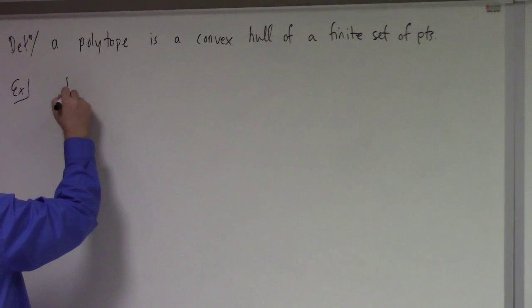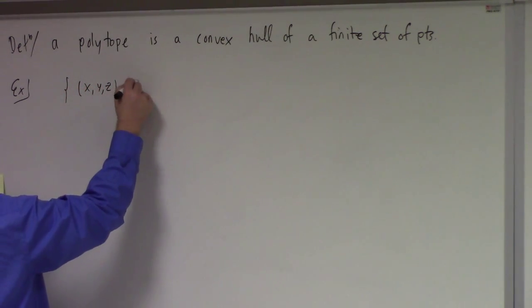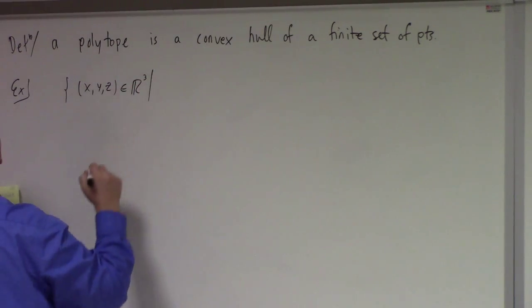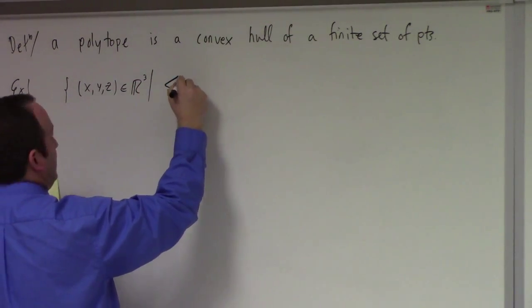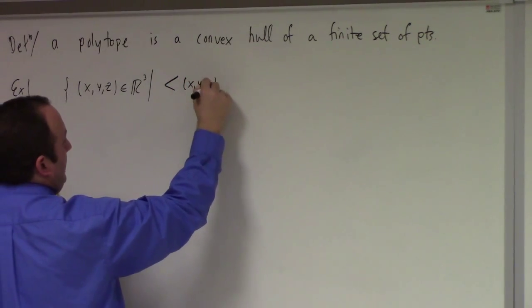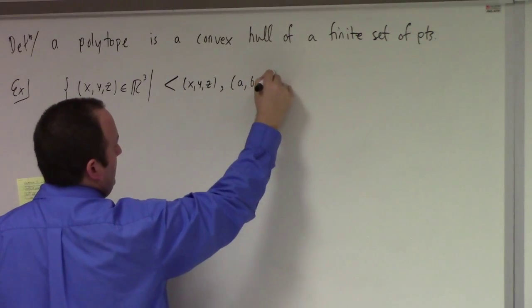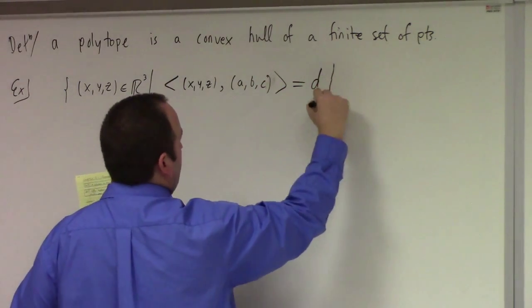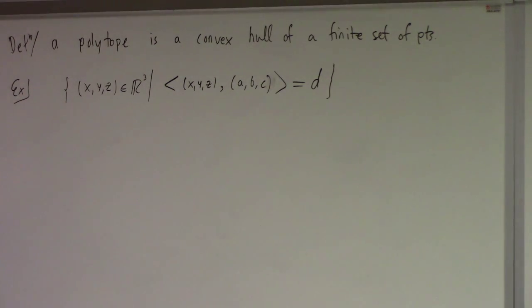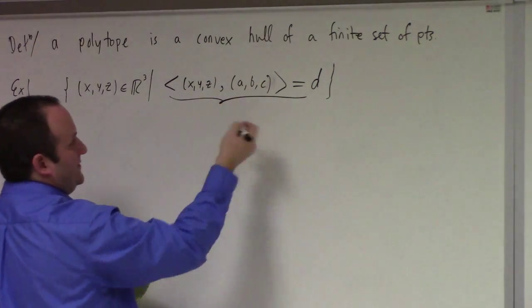If we look at, let's say, xyz in R3, such that the dot product of xyz with, let's say, abc is equal to d, this will define an affine hyperplane in R3. In fact, this will define a plane in R3. And that's pretty easy to see, because if you look at this equation, what is it?